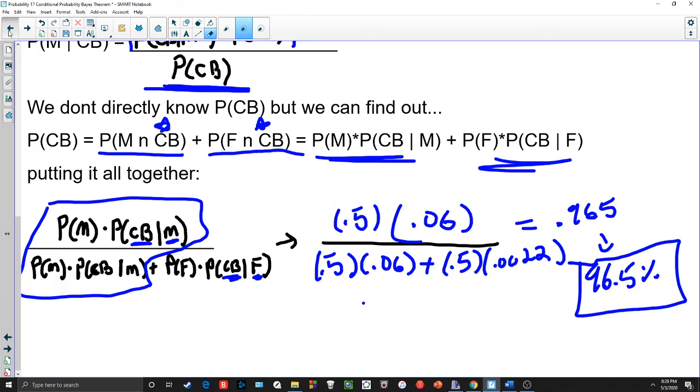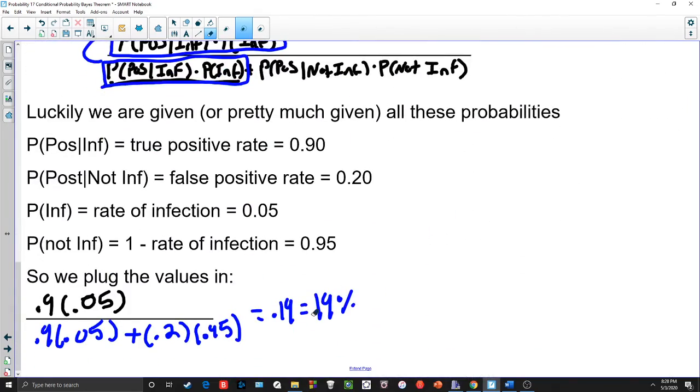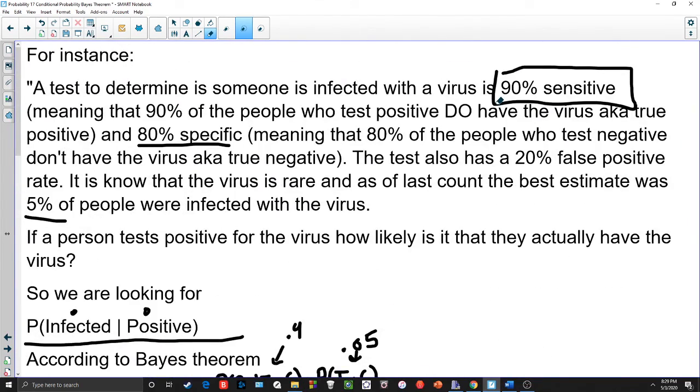It's the same thing for the infection too, by the way. So you might think only a 19% chance of being infected is quite small given that the test is 90% sensitive. But again, it's a very rare infection, and we also have a 20% false positive rate to contend with.